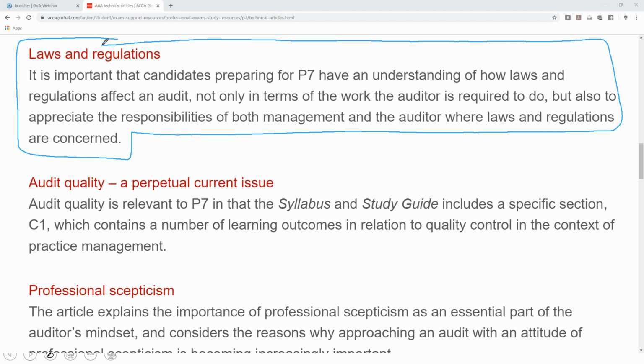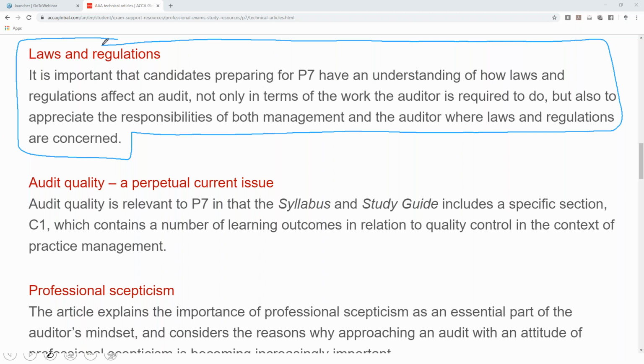So the examiner is giving you a clue in this article: it is important that candidates preparing for P7 have an understanding of how laws and regulations affect the audit, not only in terms of the auditor responsibility, but also appreciating the management responsibility for laws and regulations.